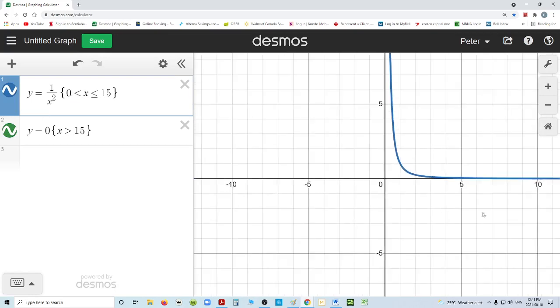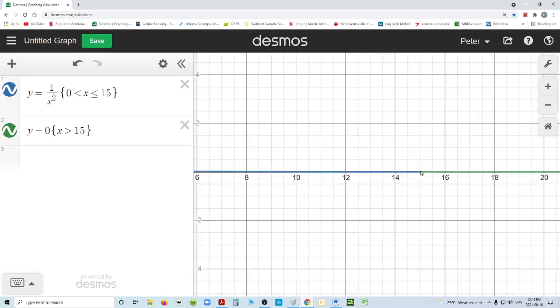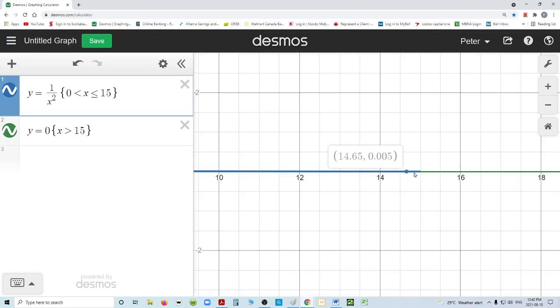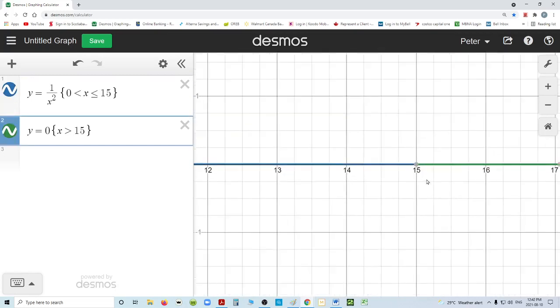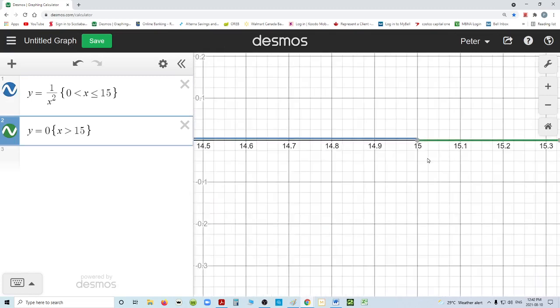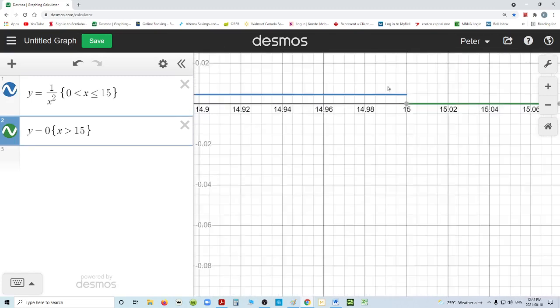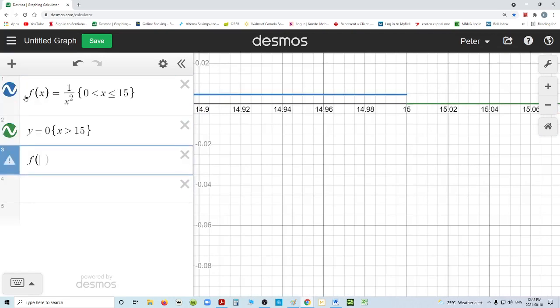There we go. So all the way, and then suddenly at 15, we have almost 0, and then it jumps down to 0. Now, I hate to tell you, but it's not going to be continuous, because if I change this to f of x, and I plug in f of 15, it's going to be slightly above 0, but it's still going to be above 0.